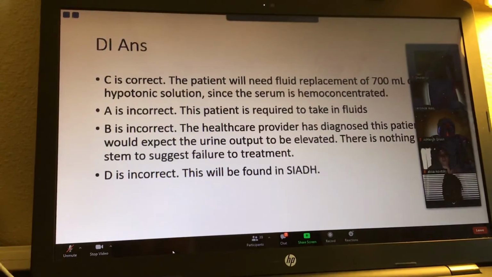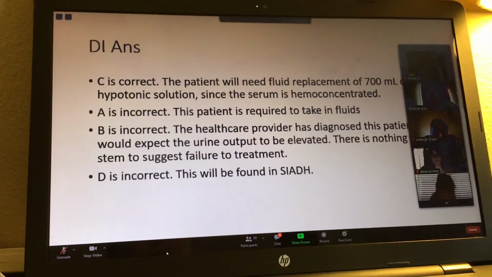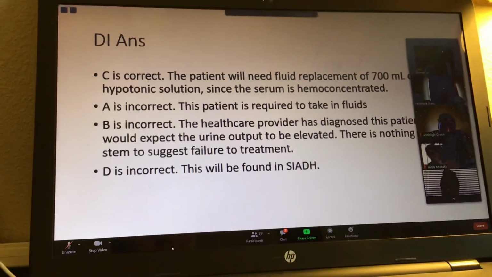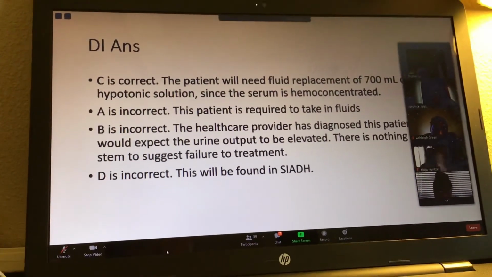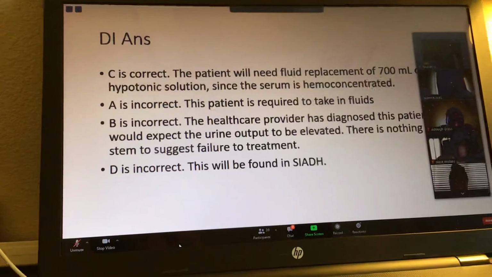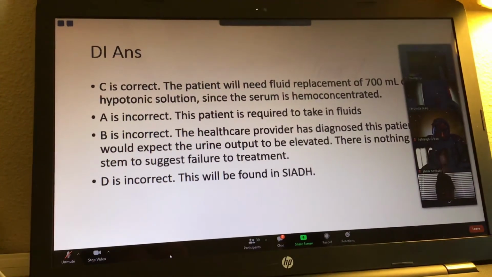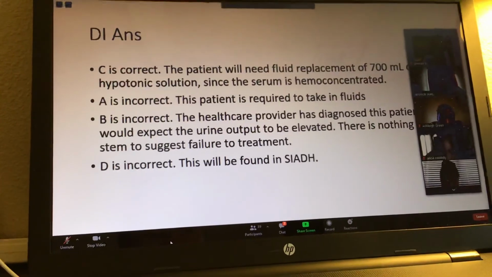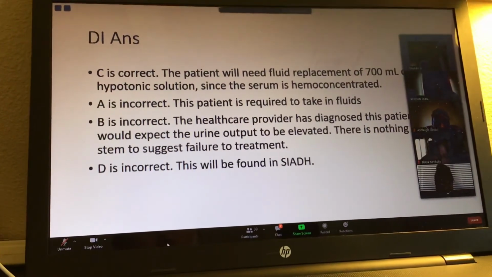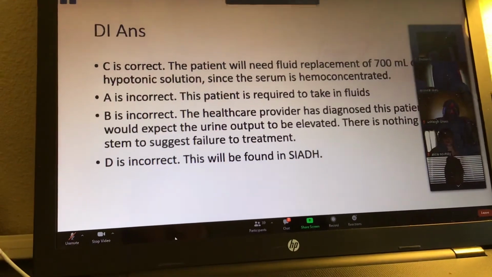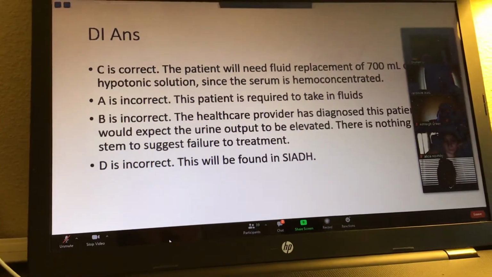C is correct. The patient needs the fluid replacement. You remember we talked about fluid replacement, like if the hour before they put out 700, then you need to get 700 back in them. Sometimes if it's a copious amount, even 700 is kind of difficult for some people to drink.